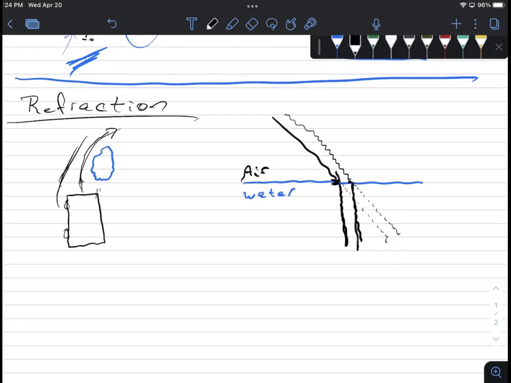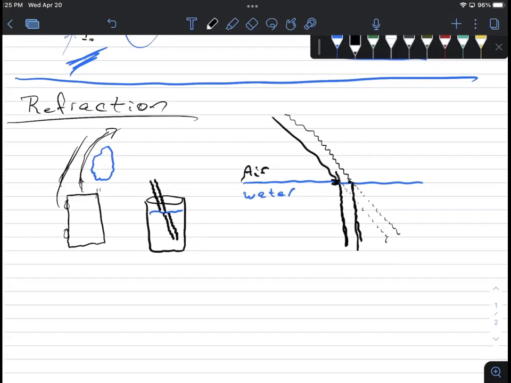When you shine light at glass, it bends. That's another thing. If you've ever had, let's say, a glass of water, so you have some water in your glass and you have a straw, if you've ever seen a straw in a glass of water, it kind of looks weird because it looks like it's broken. It doesn't look straight.